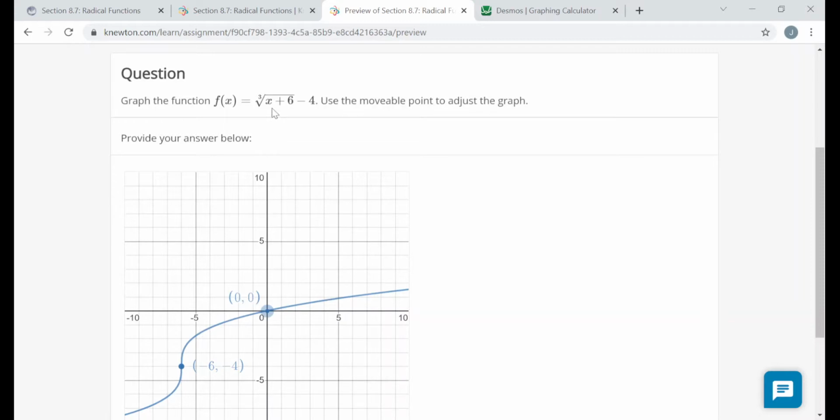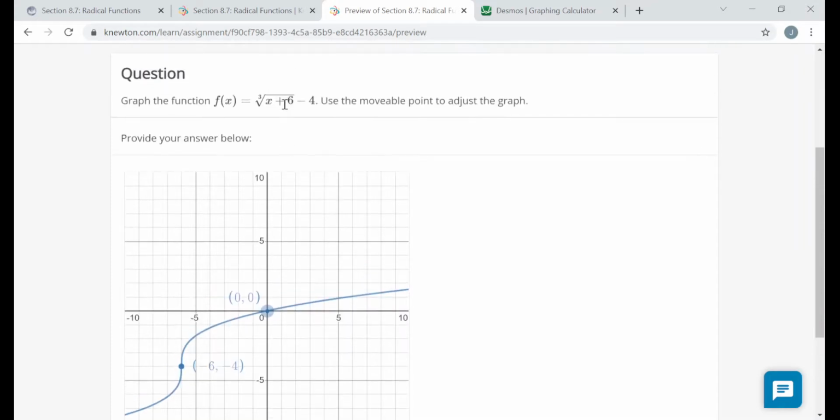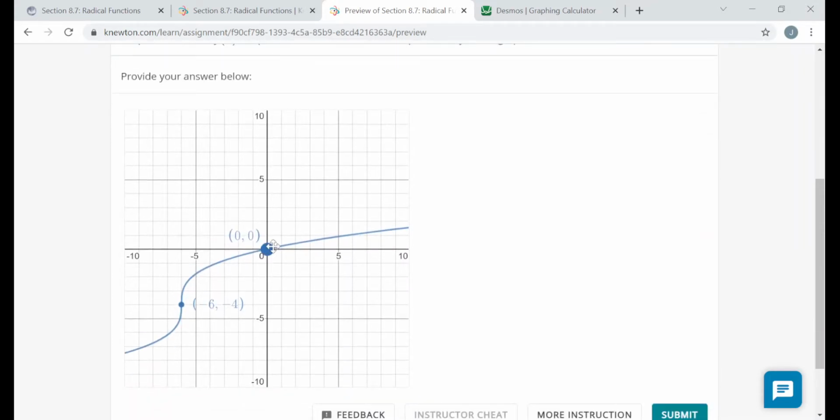I'll put this on some paper and we'll make a chart and I'll draw a hand drawing, and then we'll come back. Again, it's just like the previous question where they give us a point. (-6, -4) is on this, and I just need to move this other point to a point that's actually on the curve.